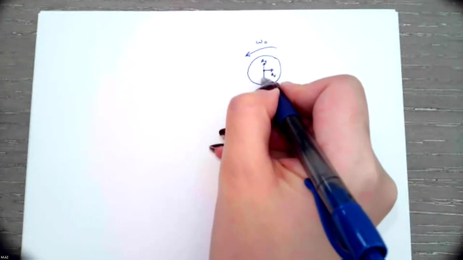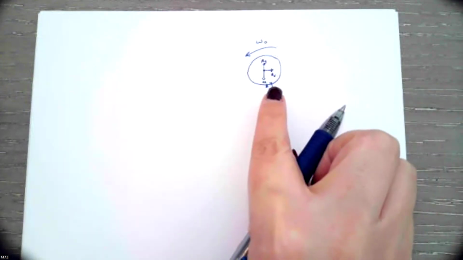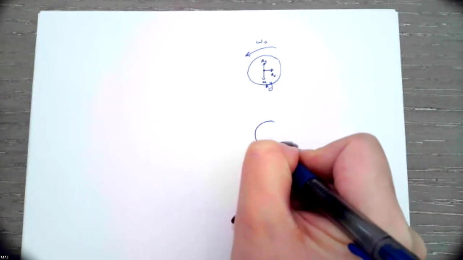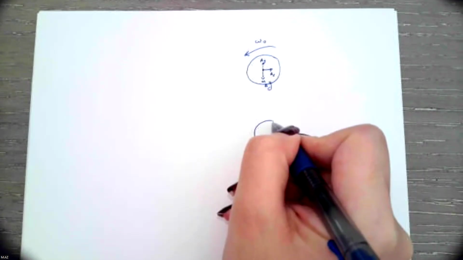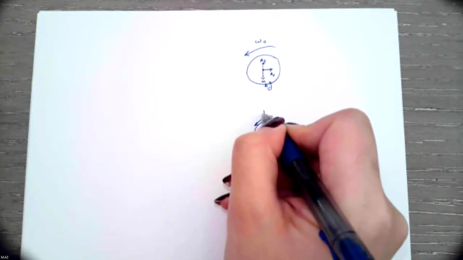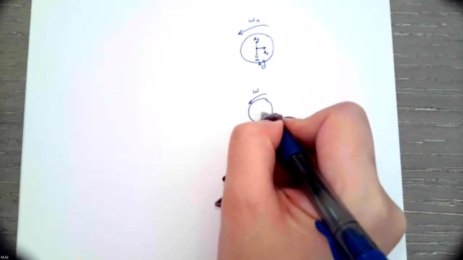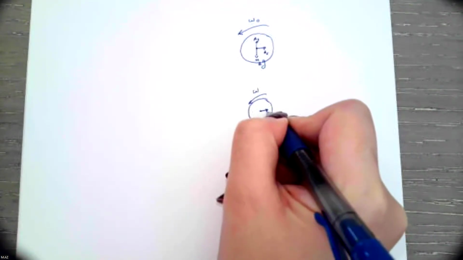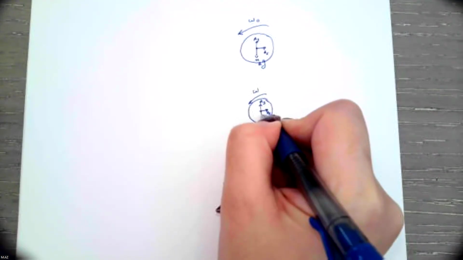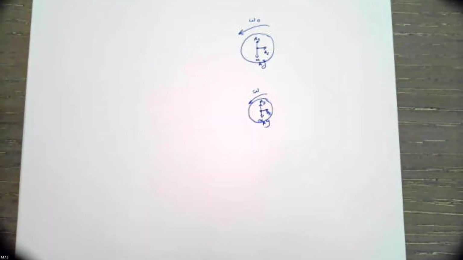Also, we have the weight of this disk. This is before the contact, and after the contact, disk B and disk A have an angular velocity of omega. And this is the weight.